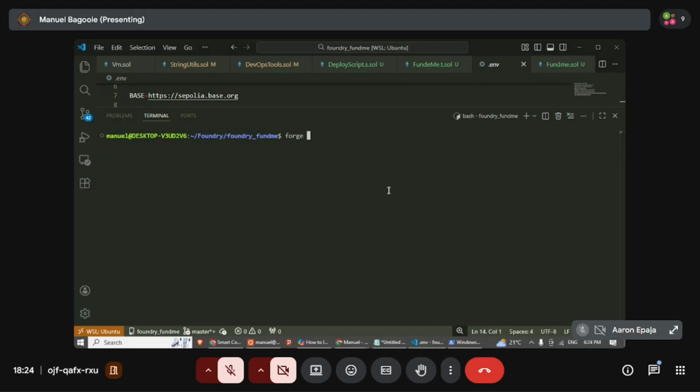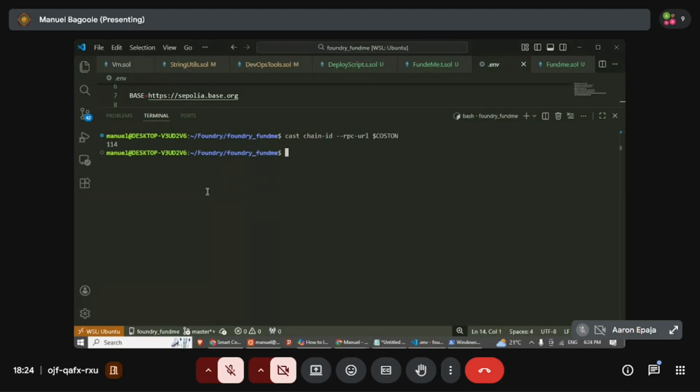So I want to find out the chain ID of this chain, and then I provide the RPC that represents that chain. I think this RPC is not trustable. This should be sufficient for me to get the chain ID of that chain. You can see it returned the chain ID.